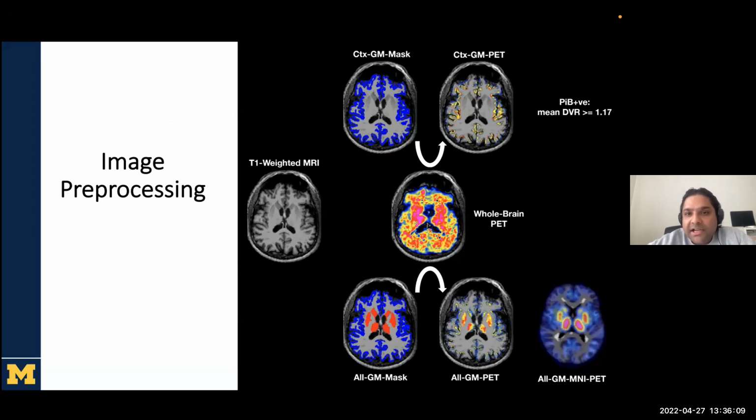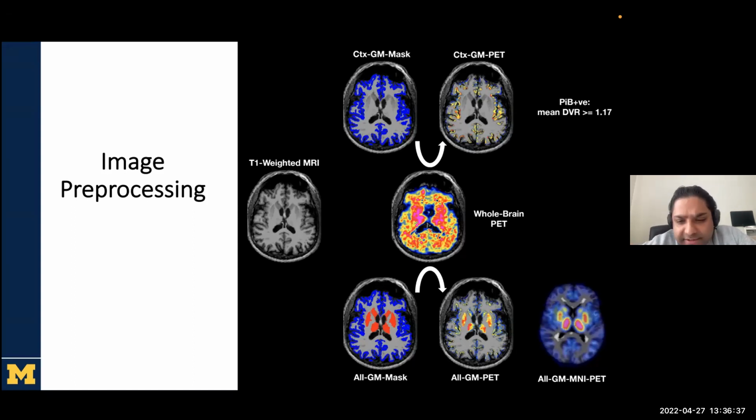We take the gray matter masks and calculate the mean distribution volume ratio (DVR) from a registered PET image. If the mean DVR value within the cortical region alone, not including any of the subcortical regions, is greater than 1.17, then we classify the subject as amyloid positive.